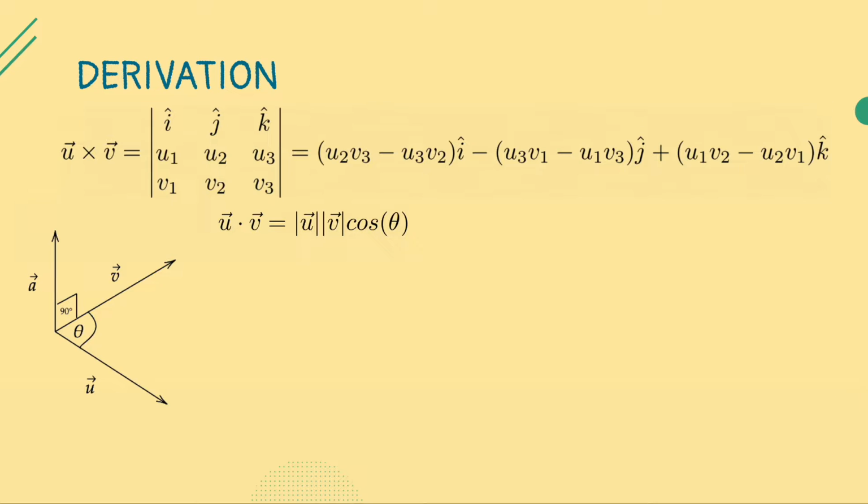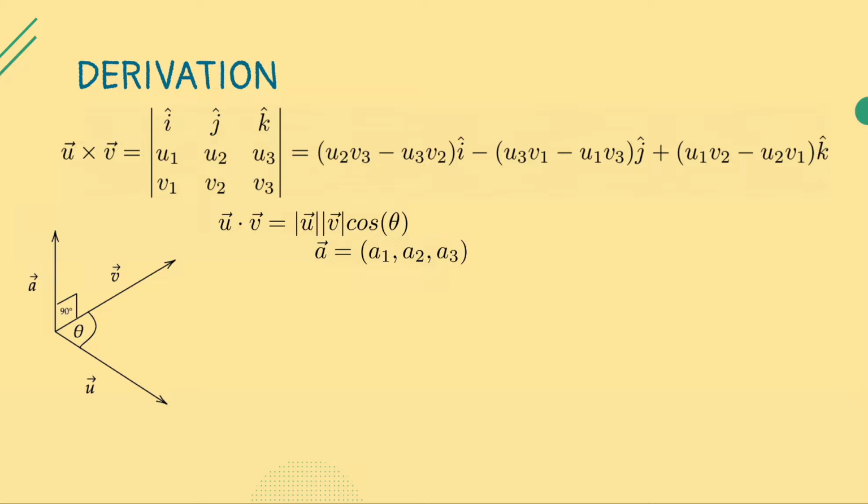And then we also know that cosine of 90 degrees, or cosine of pi over 2, is 0. So that is where the whole premise behind the derivation for the vector cross product is going to come from: the fact that we know a dot product of two vectors is equal to 0 if they're orthogonal.